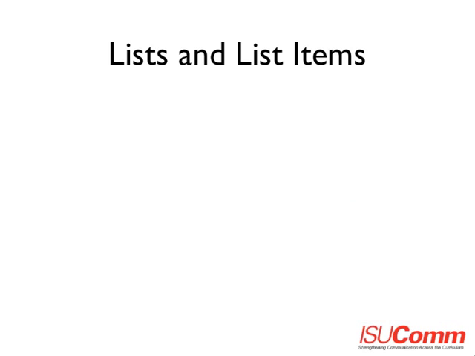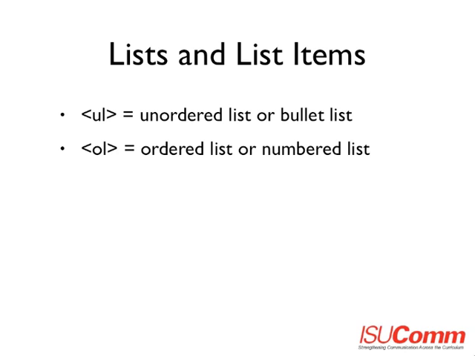Our next tag that we're going to be talking about is our list and list items tags. So let me explain this again. You have the UL tag, which stands for unordered list. This basically creates a bulleted list. We have an ordered list tag that creates a numbered list.